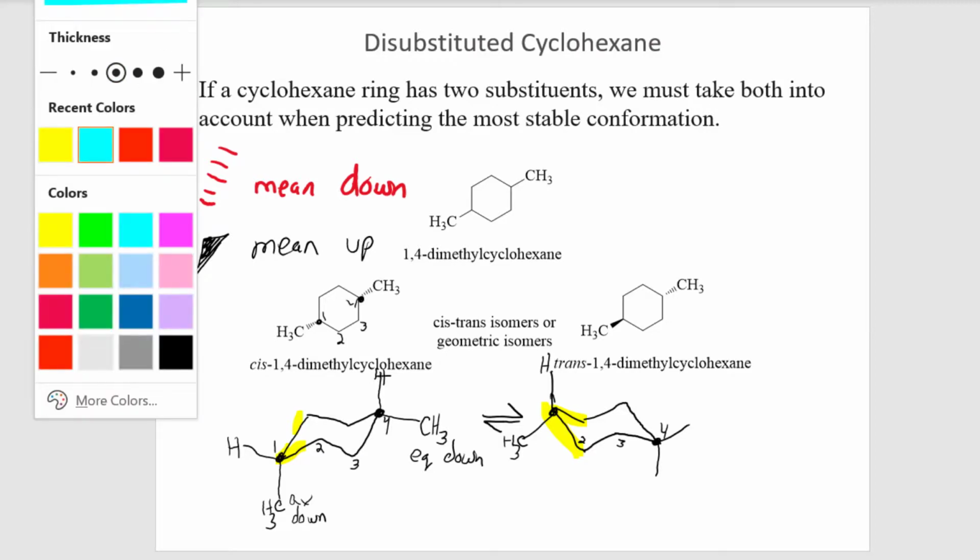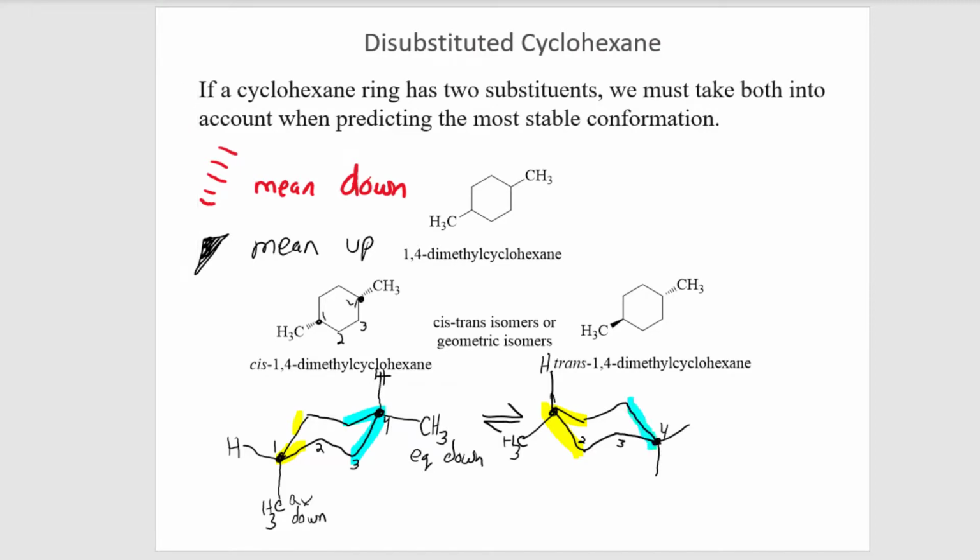You can do the same on the tail end. The methyl started equatorial down. Down is down. I have to make sure I keep it down because it's a hash line. So therefore the hydrogen's up, and I successfully switched from equatorial to axial. Equatorial and axial switched, but down stayed down.